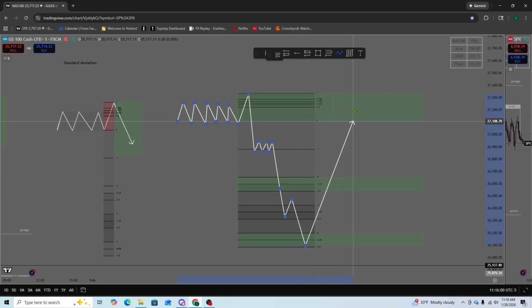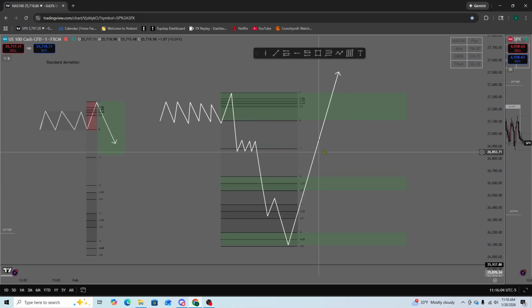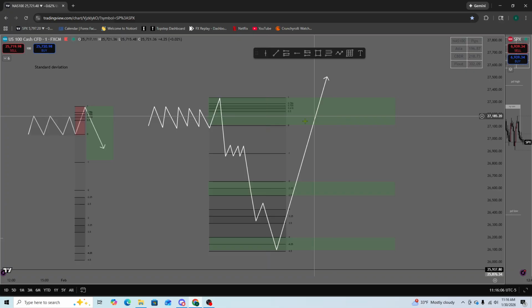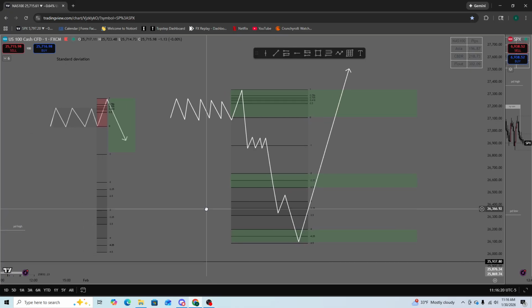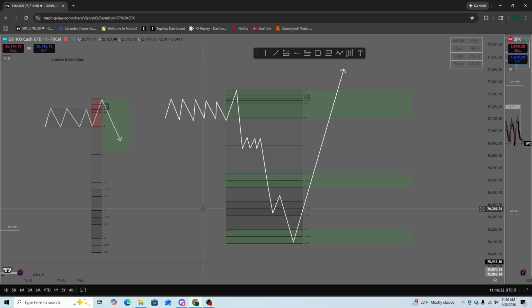And then we come down here, and then we catch the reversal all the way back up. So those are our zones. We have our anchor zone. We have maybe a little bit more accumulation around the -1. Then we have our first reversal zone around -2, and then we have our max expansion around -4. So that's all it is to it.